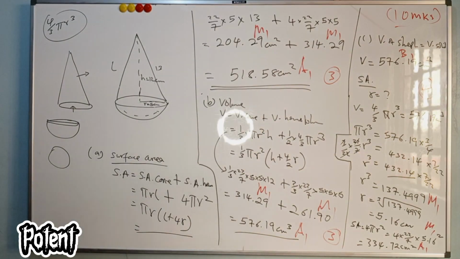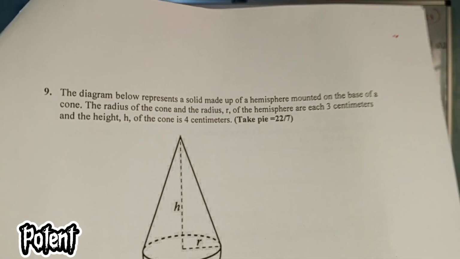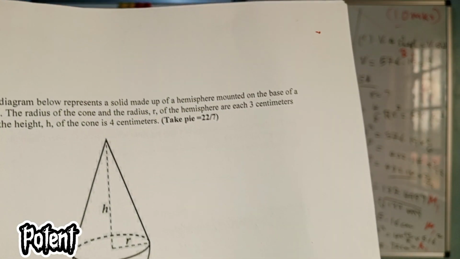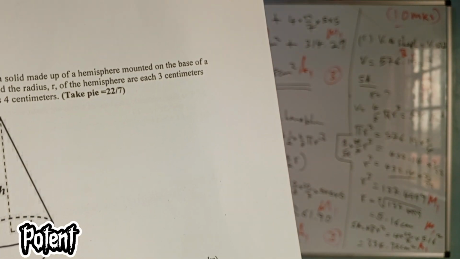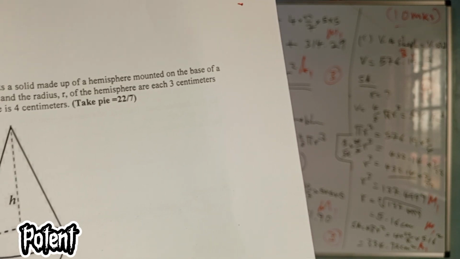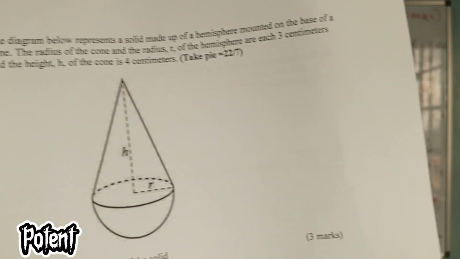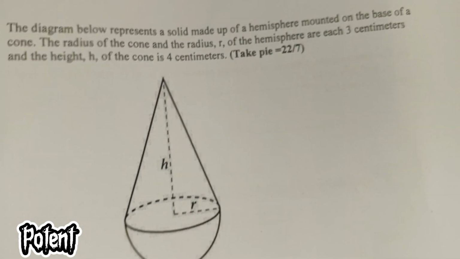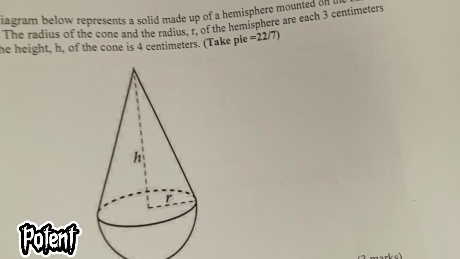Now this question is similar, but the radius and height are different. So you're given the radius as 3 centimeters instead of 5. And the height is 4 centimeters.